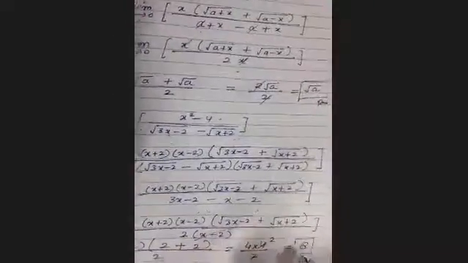And what are we getting? 3x minus x is 2x, and minus 2 minus 2 is minus 4. 2 is common, and x minus 2 is a common factor which is cancelled. After cancellation of the common factor we apply the limit, and we are not getting the 0 by 0 form, we are getting a proper answer, that is 8. In this way we are using the rationalization method.